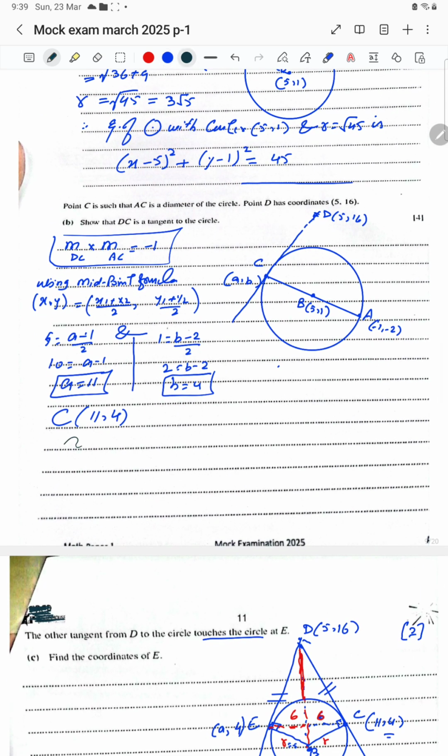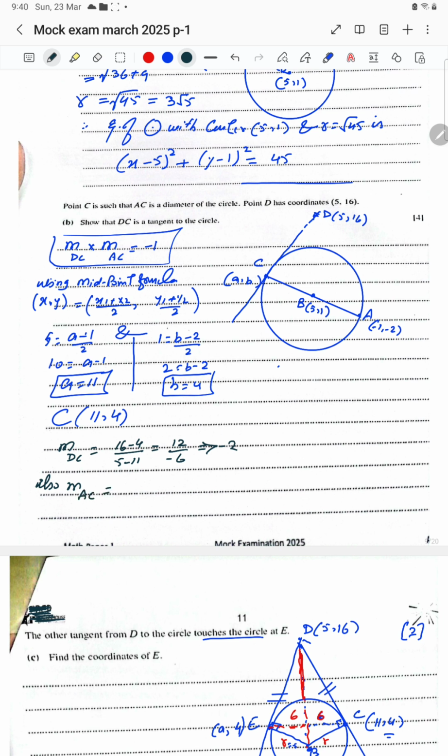So the gradient of DC will be the change in y over the change in x. So (16 - 4) over (5 - 11), 12 by -6 will be -2. Also we can have the gradient of AB or AC because they are collinear, so any one is fine.